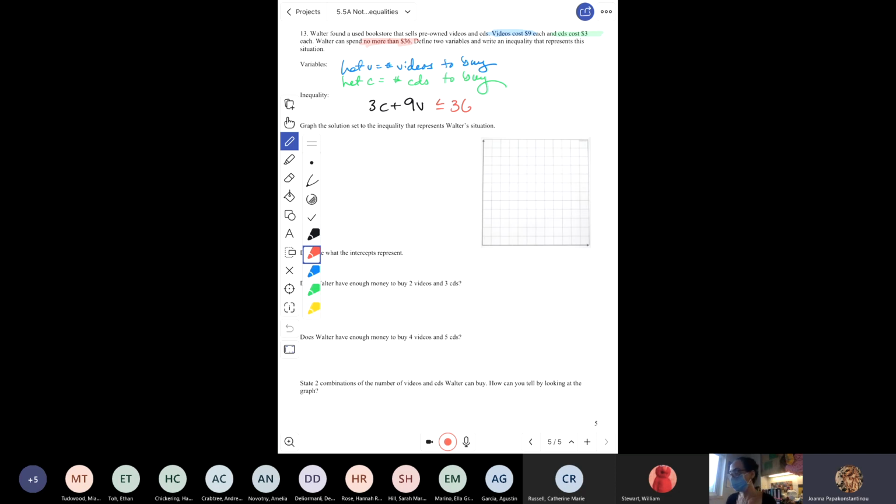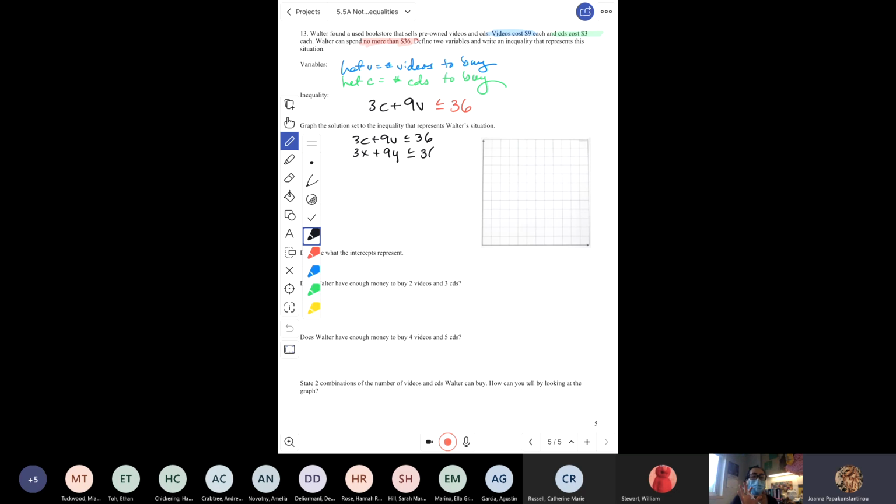Now, at this point, you have two variables. I didn't call them X or Y. So I have to solve for one variable. If you prefer to write them in terms of X and Y to help you at this point, if this is going to confuse you, you can just change it to 3x plus 9y is less than or equal to 36, or vice versa.